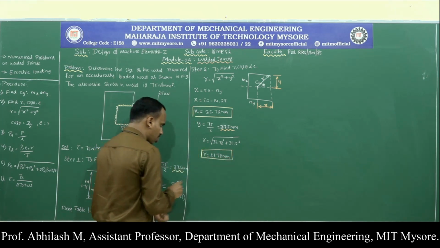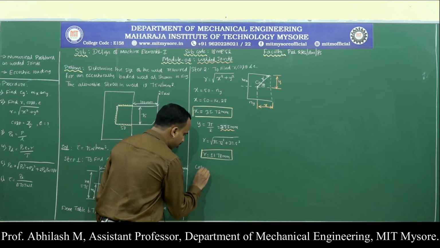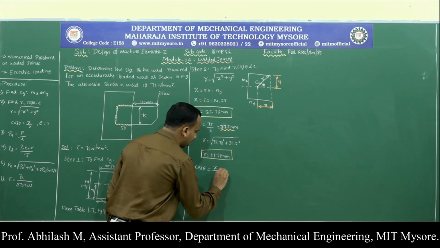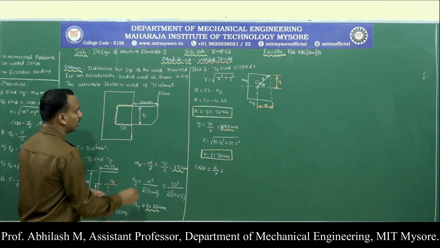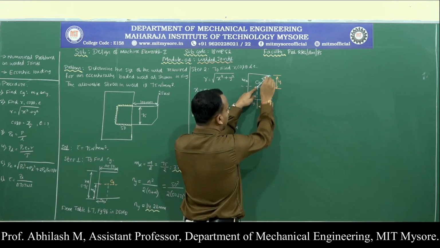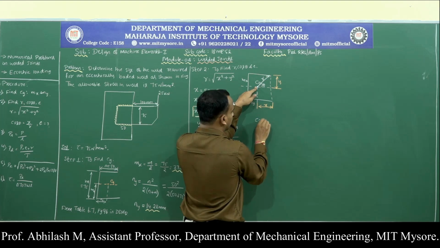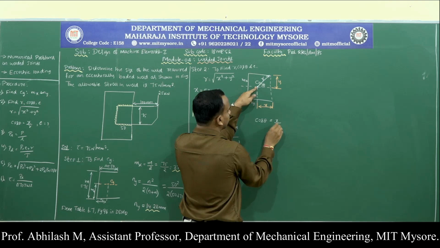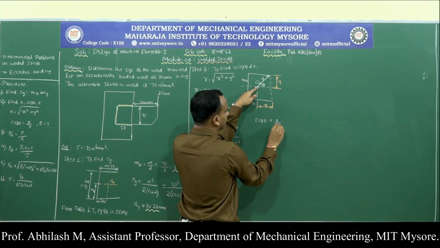Now the value of cos theta. Cos theta will be equal to x divided by r. Here you can refer, this is the angle theta, this is the r. So if I define, cos theta will be equal to the adjacent side, that is x, divided by the hypotenuse, that is r.